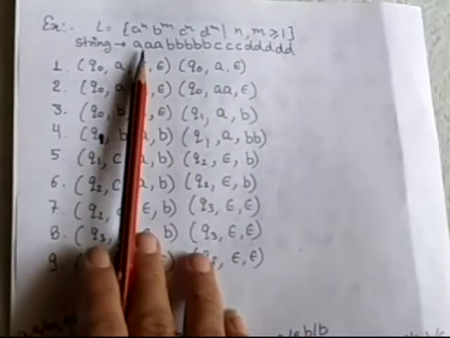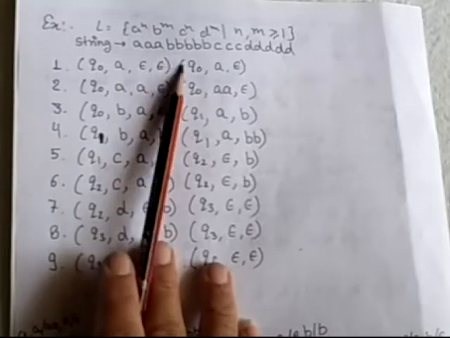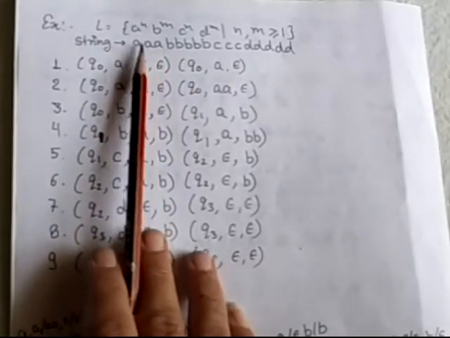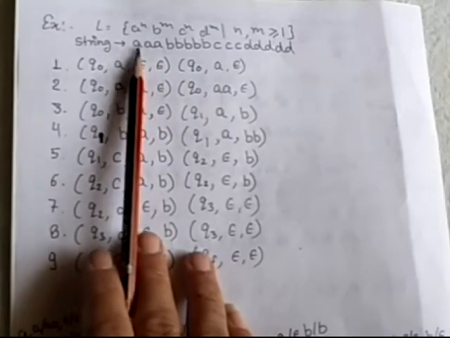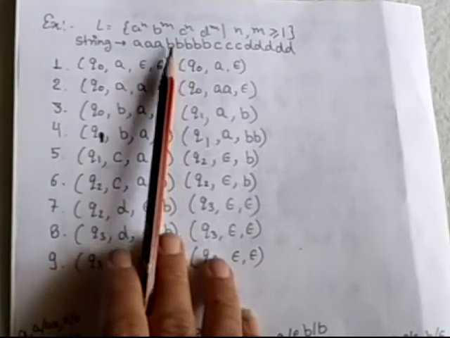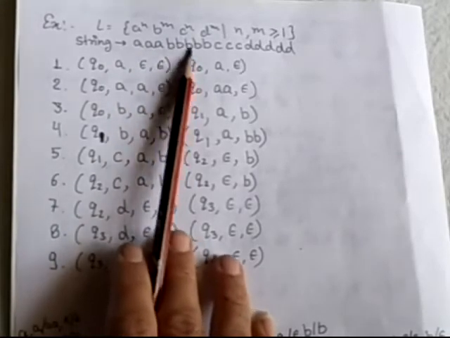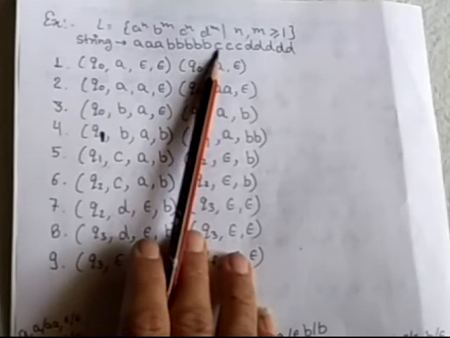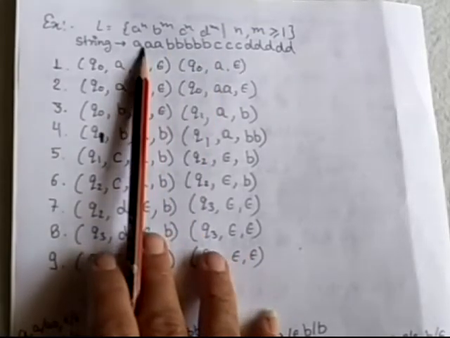So the idea of this two-stack PDA construction is we will read A and push it onto stack 1. We will read B and push all the B's on stack 2. When we read C, we start popping stack 1.